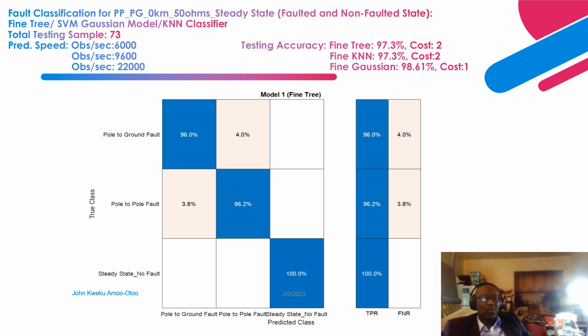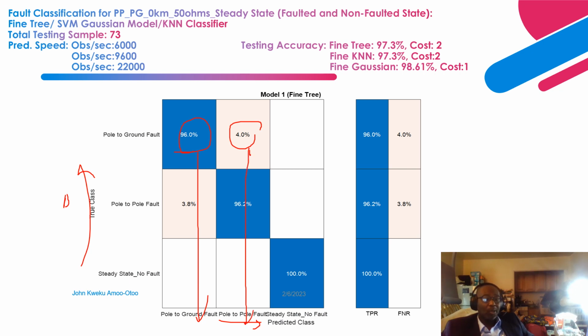Next is percentage wise. The previous slide was quantity numbers, and now we'll talk about the percentage wise. So this is my actual, this is my predicted. 96% of the pole to ground fault was predicted accurately, and 4% was mispredicted or misclassified.